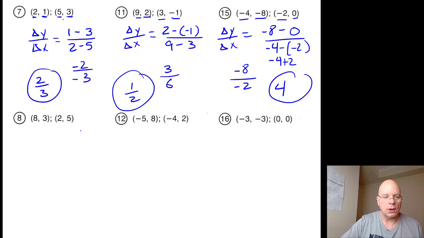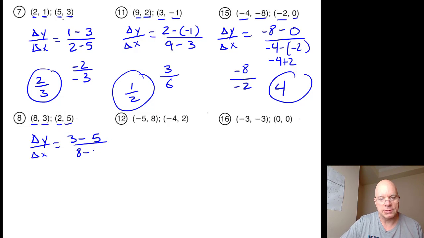So 15 is 4. Number 8, delta y over delta x. 3 minus positive 5 over 8 minus positive 2, so negative 2 over 6, which is negative 1/3.